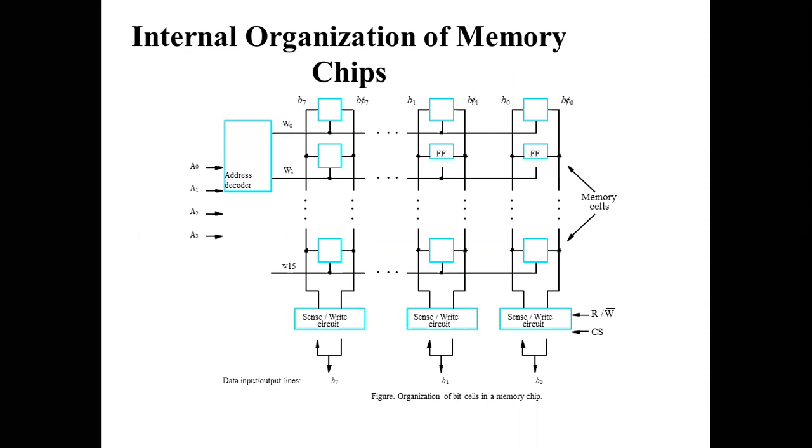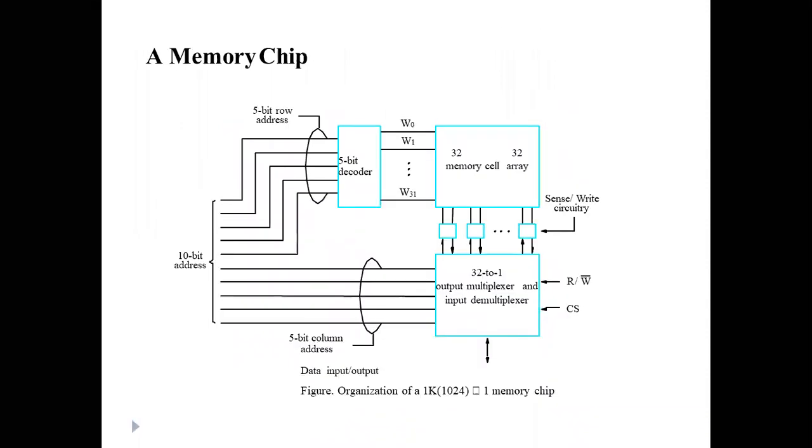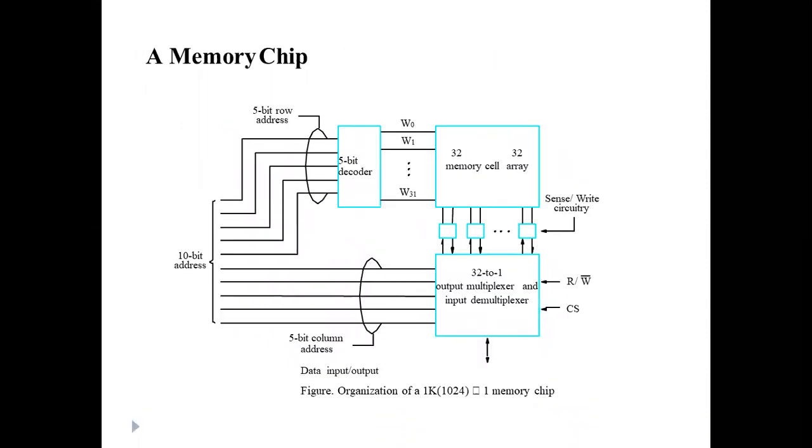All the memory cells are connected together and form a word, and this is the single memory chip. By this you can understand how a memory chip works. Here you will see we have a 5-bit row address for the row and 5 bits for the column.